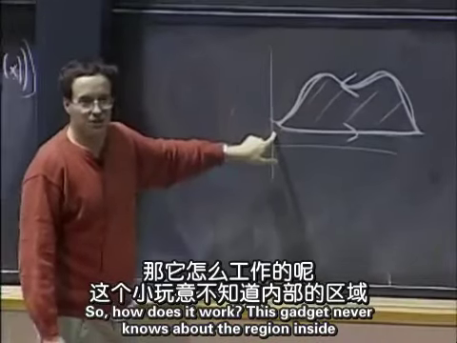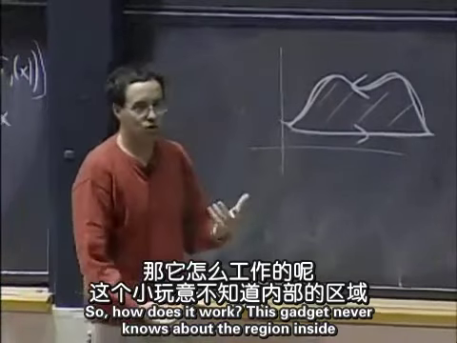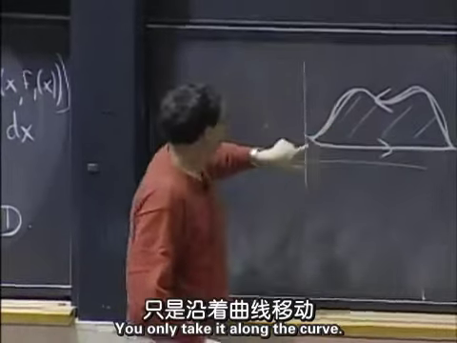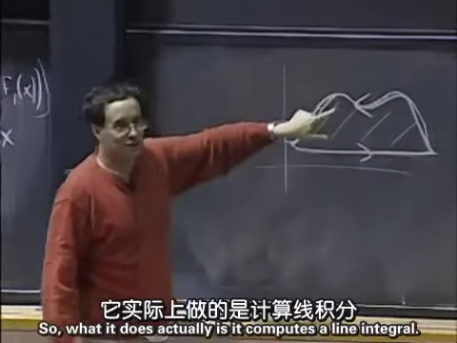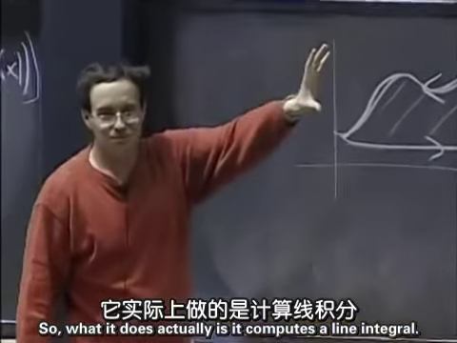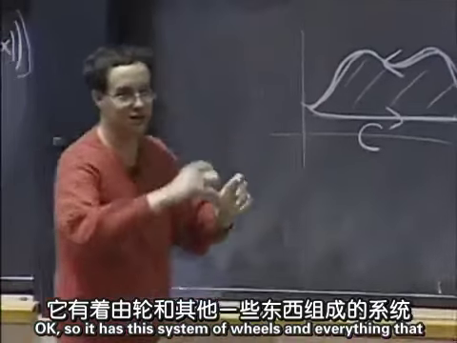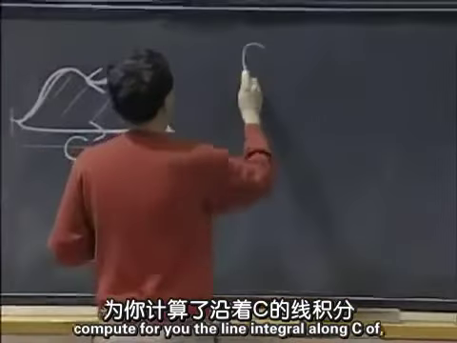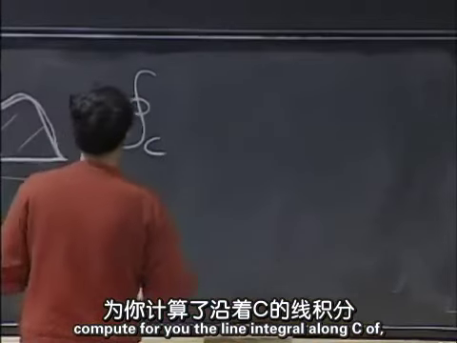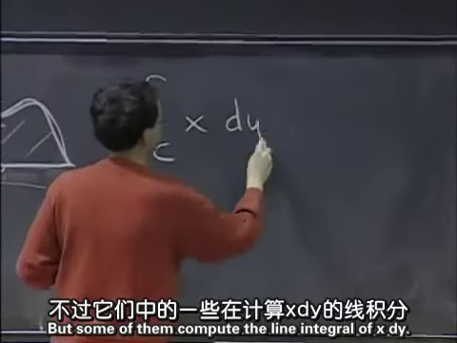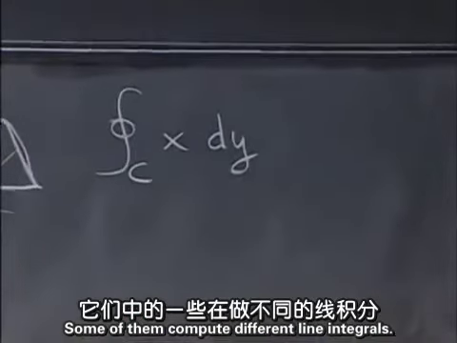So how does it work? This gadget never knows about the region inside because you don't take it all over here. You only take it along the curve. So what it actually does is it computes a line integral. Okay? So it has this system of wheels and everything that compute for you the line integral along C of, well, depends on the model, but some of them compute the line integral of x dy, some of them compute different line integrals.